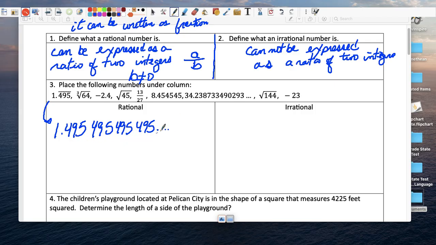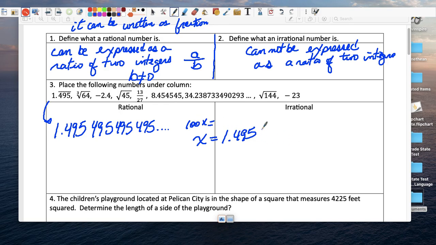We talked about that, and we can actually set up an equation. Remember, we can say x equals 1.495 repeating. How many digits are repeating? 3. If there are 3 digits repeating, we want to multiply both sides by 1,000. So x times 1,000 is 1,000x.